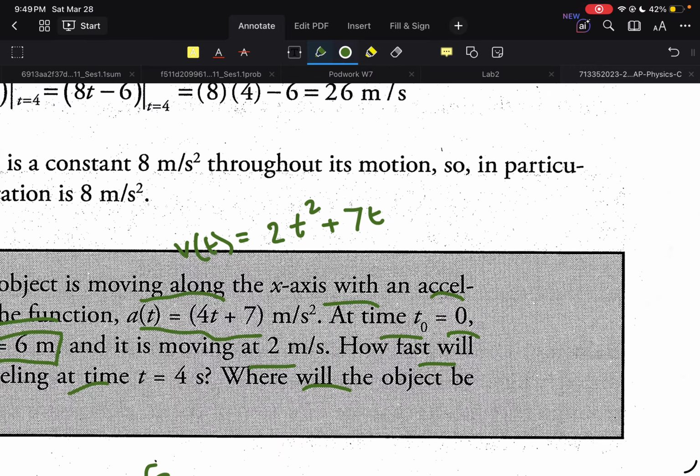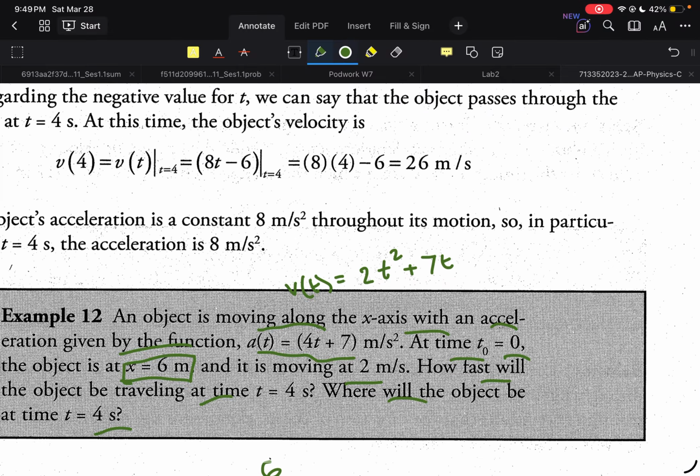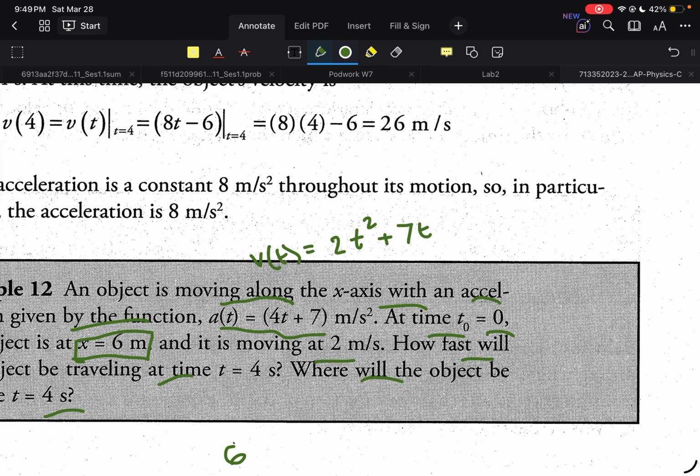Thus, we can also find the position, which is a little bit difficult, but actually no. So at 4 seconds, we know the object will be traveling at 16 times 2, 32 plus 28, equal to 60 meters per second.